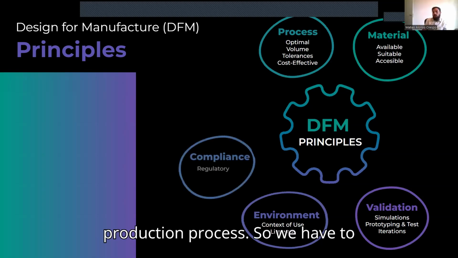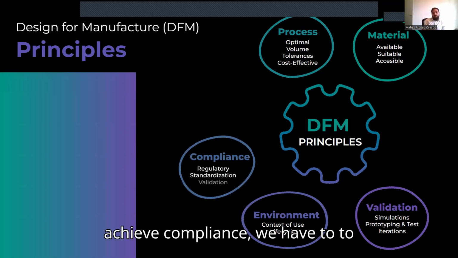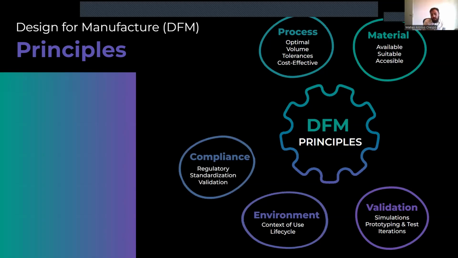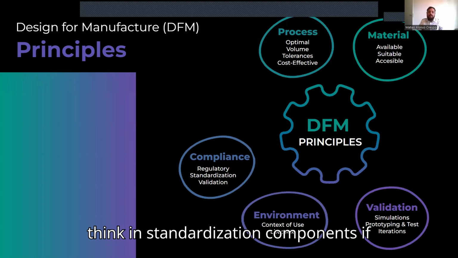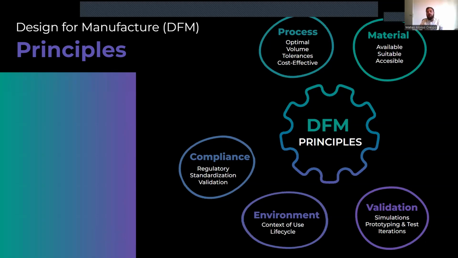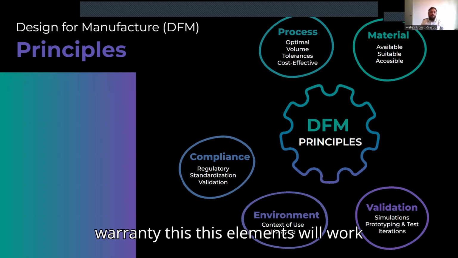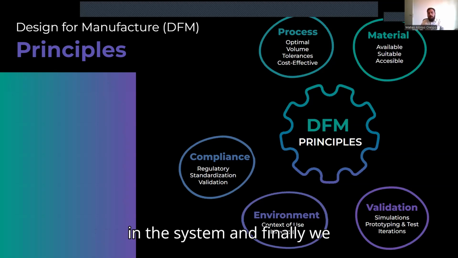So we have to achieve compliance. We have to stay inside the regulatory field. We have to think in standardized components. If you are using another standard element, we have to guarantee these elements will work in the system.